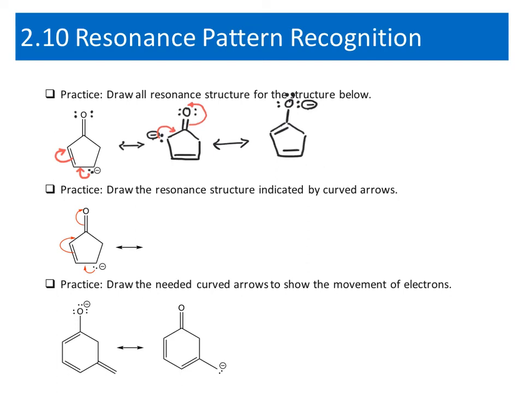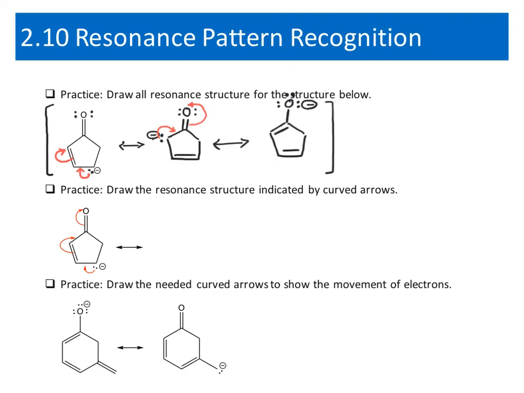All right. And if you compare the formal charges, it's -1 in this structure, -1 here, and -1 here. So they are the same, and we can draw three resonance structures for this molecule.